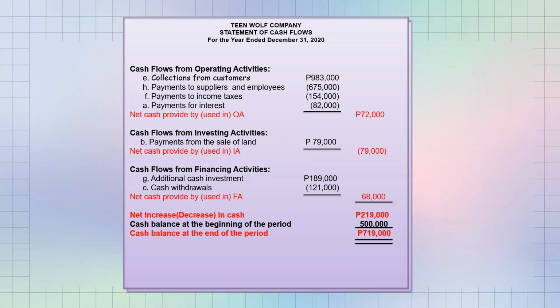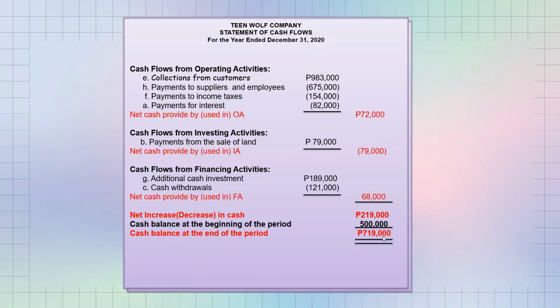Next, we add the cash balance at the beginning of the period. This is the additional information mentioned earlier: on January 1, 2019, the starting cash balance is 500,000. When we add this 500,000 to the net increase in cash, which is 219,000, we get 719,000.